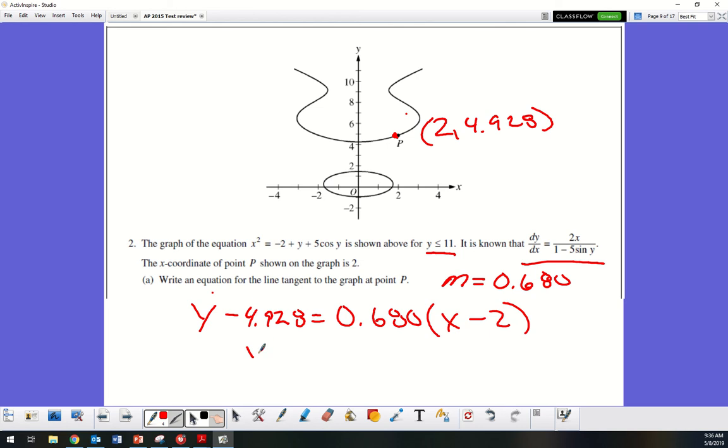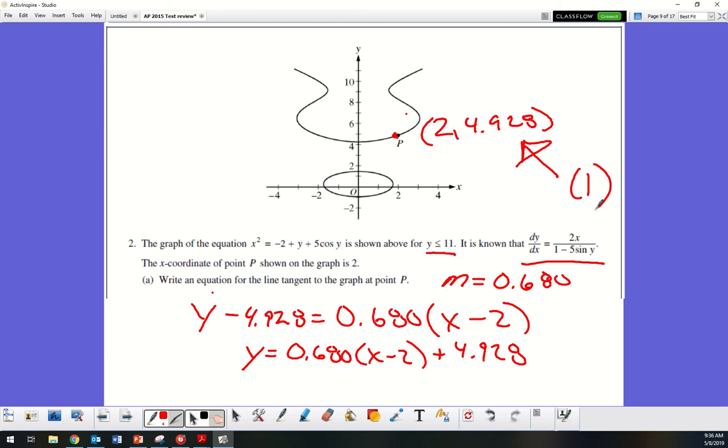So it could be just y equals 0.680 parentheses x minus 2, and then plus 4.928. So now on this one right here, we get 1 point for the slope, and we get 1 point for the equation.